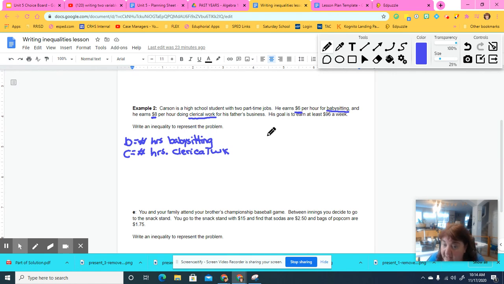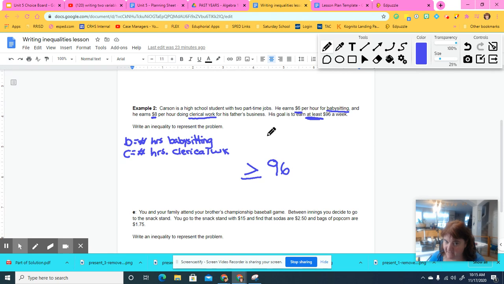His goal is to earn at least $96 a week. So this time, what he earns needs to be greater than or equal to, because it has to be at least $96 a week.